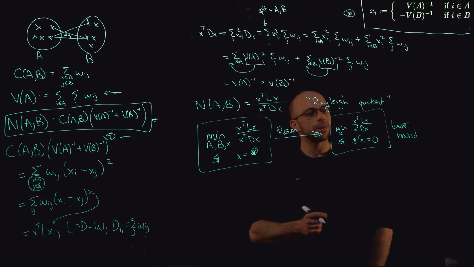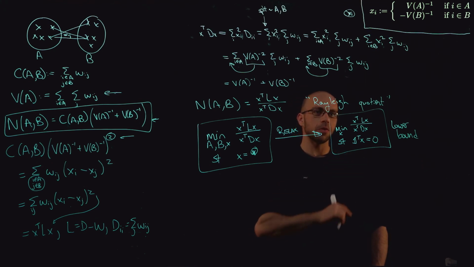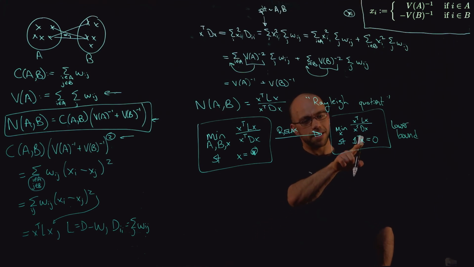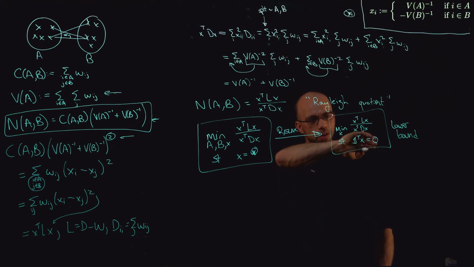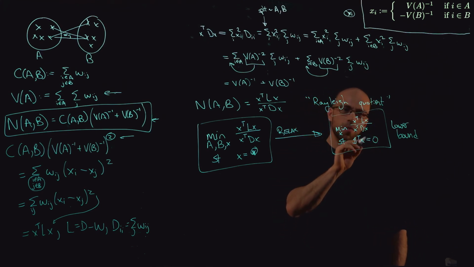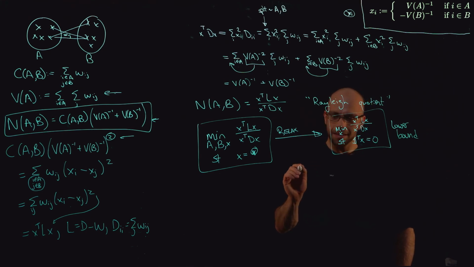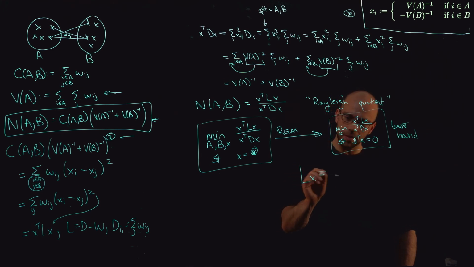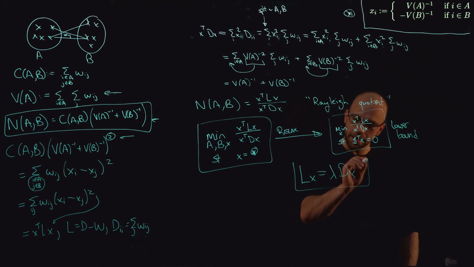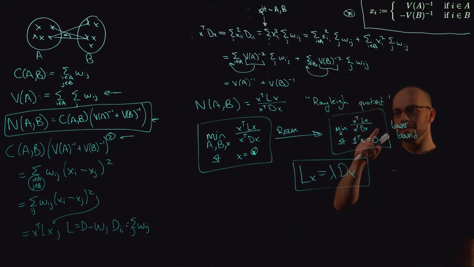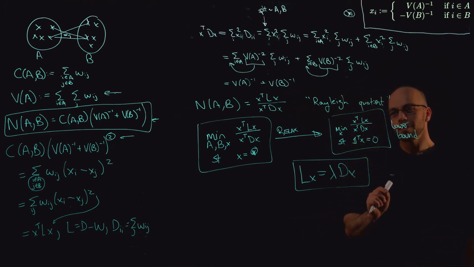And when I remove constraints from a minimization problem, the optimal objective decreases. Okay? So if you take the gradient of this Rayleigh quotient problem and you set it equal to 0, one thing you can check is that, well, if I ignored this constraint, essentially what I'd get is Lx equals the Lagrange multiplier times Dx. This is the optimality criterion for the problem here without the constraint.